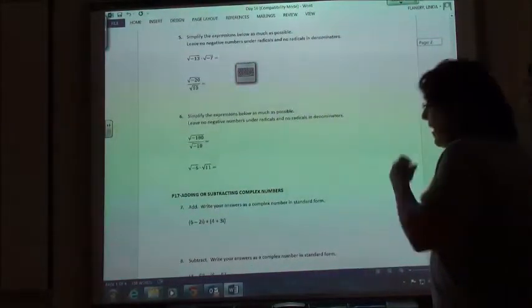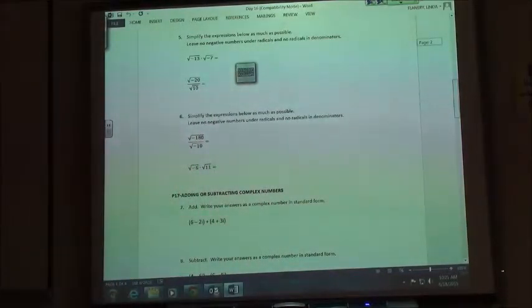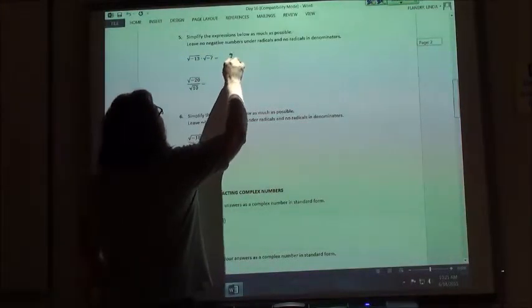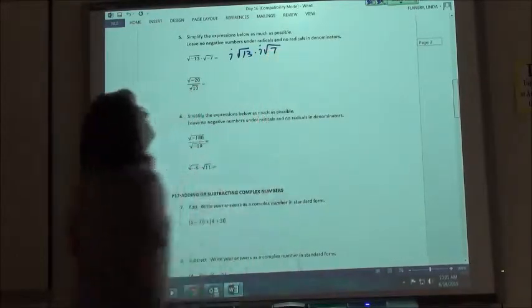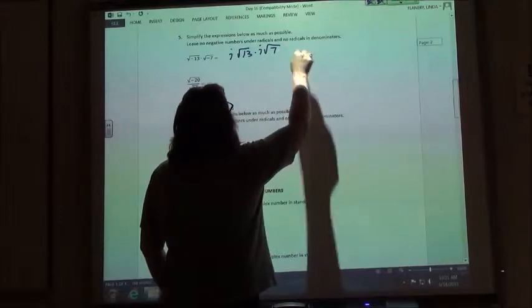So number 5, if I'm going to simplify that one, what should I start out by doing? Taking out the i: i square root of 13 times i square root of 7. Now I can't simplify the 13 or the 7, so now I'm going to do my multiplying. And so if I multiply those together, what would I get?